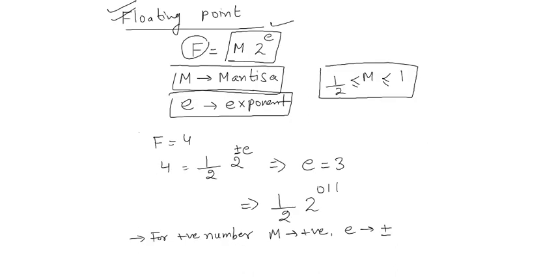Now we'll come to this example. In the case of floating point, let's say that the number is 4. Now how does floating point deal with the number 4? We want to equate this number 4 with m times 2 to the power e, and we know that m can take any value from 1/2 to 1. So let's take the m value as 1/2, and e can be any exponent.